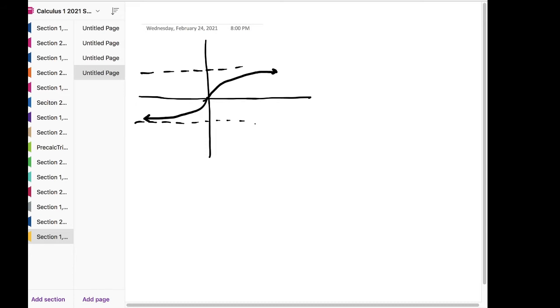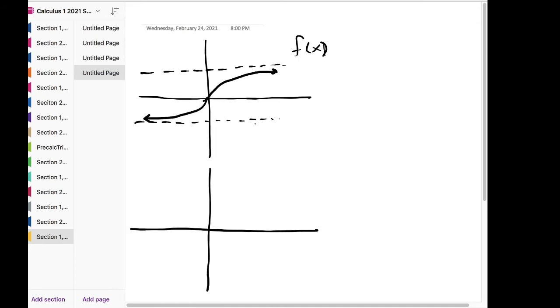Okay, let's have this graph, and let's sketch the derivative. Okay. First of all, what does this graph look like? We graphed something that looks like this.